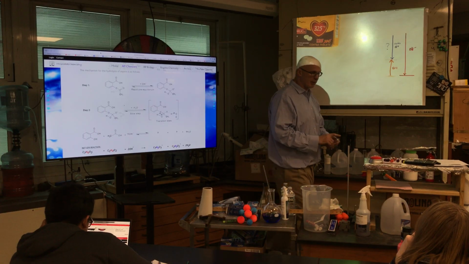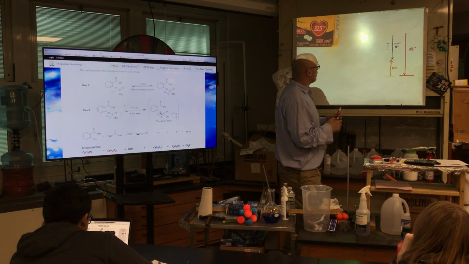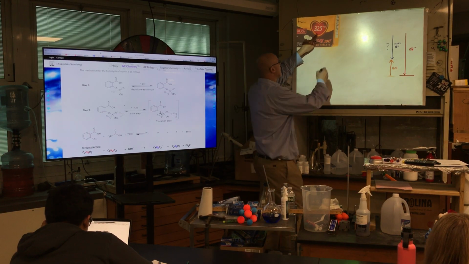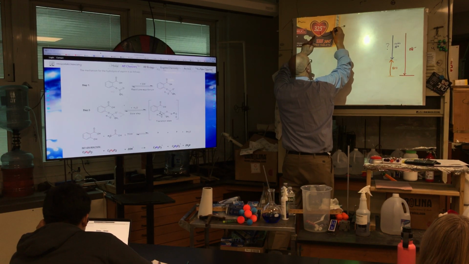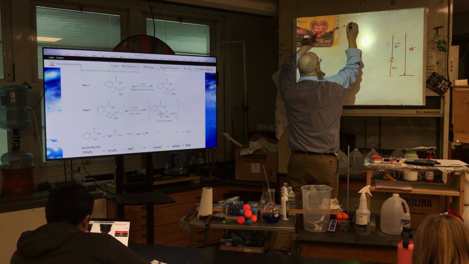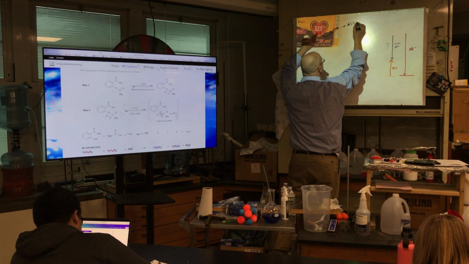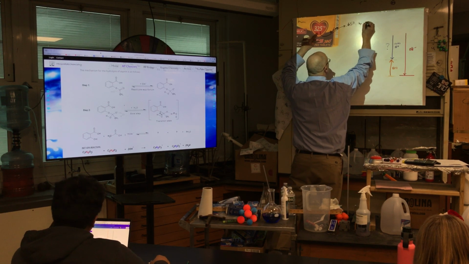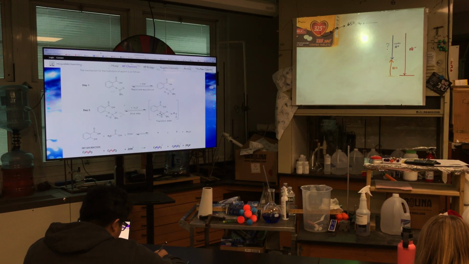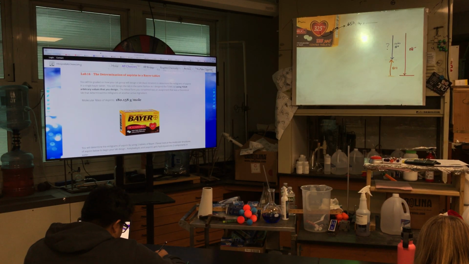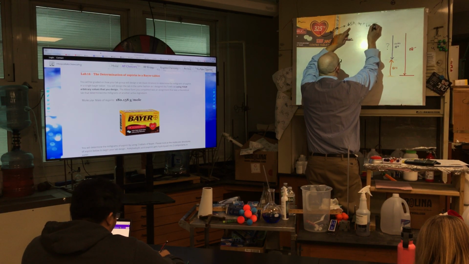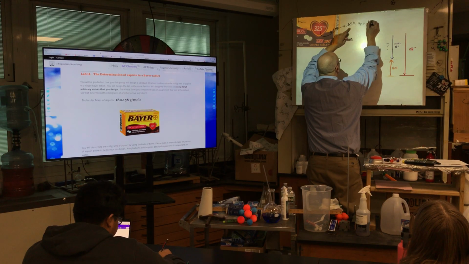This is what we did yesterday. Okay, we said, if the target amount of aspirin is 325, we're going to crush 2 tablets. And that got us 650 milligrams or 0.65 grams of aspirin. The molecular mass was 180.185 grams per 1 mole.